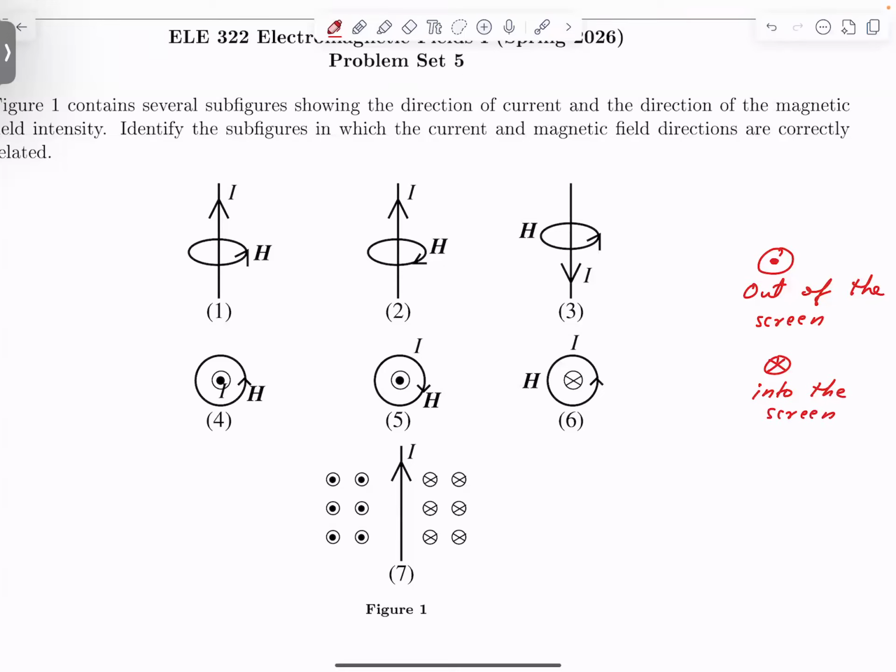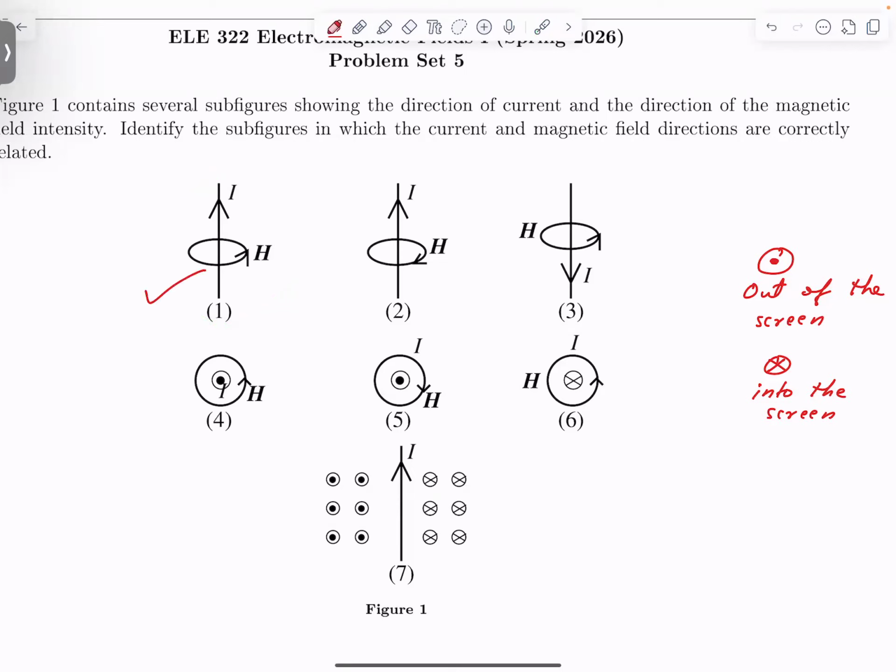Okay, so let's look at each figure and determine whether it is accurate or not. The first one, is that accurate? This one you have to think in this way. What do you think?